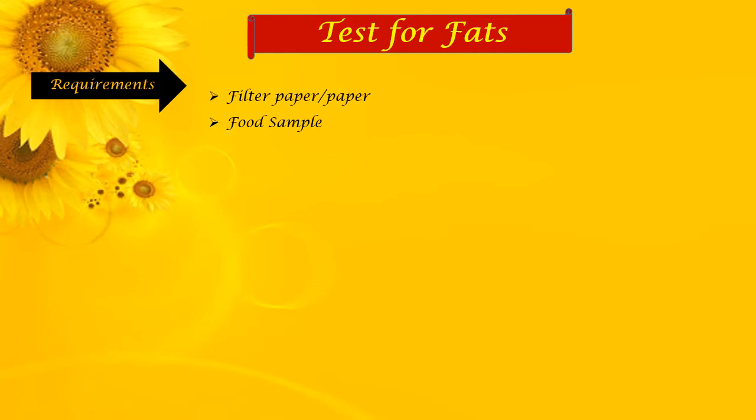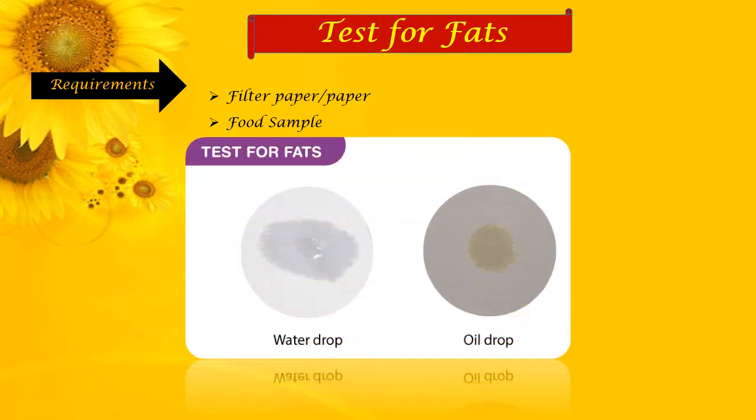You can just take any food sample, and then what you have to do is crush the food sample on the paper. You have to crush it, and after some time observe it carefully and look at this picture. You can see two different things.